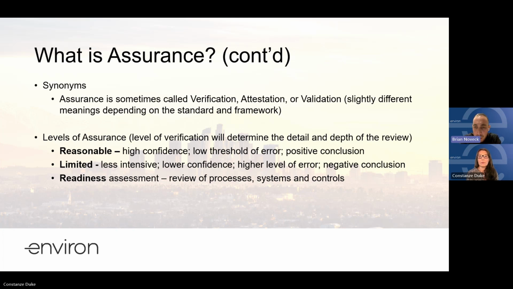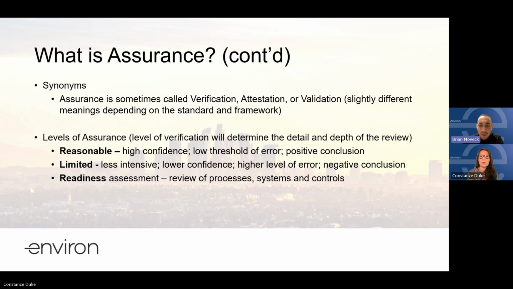Also, there are opportunities to go through readiness assessments to review processes, systems, and controls that organizations are currently undertaking as a way to determine readiness to pursue limited and/or reasonable assurance in the future. So this is something for organizations to consider if they have yet to undergo an assurance engagement.